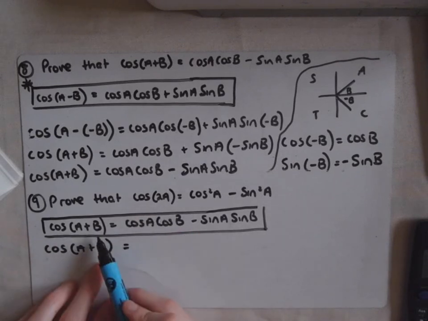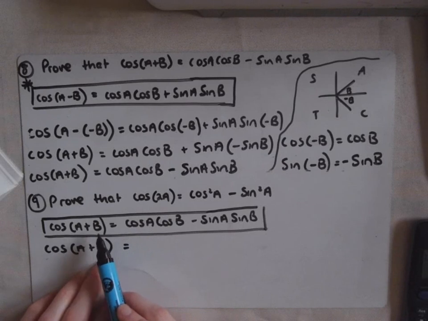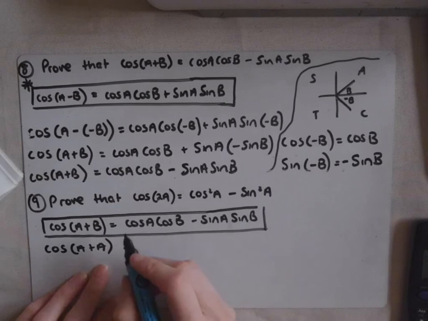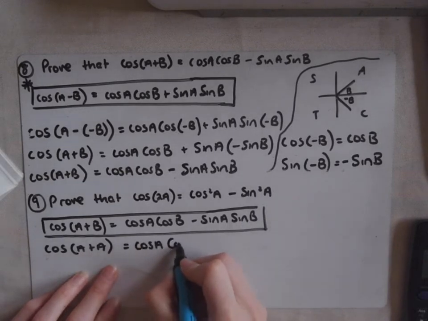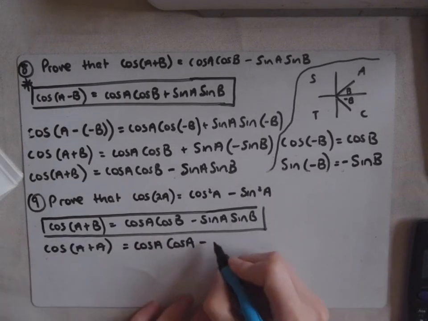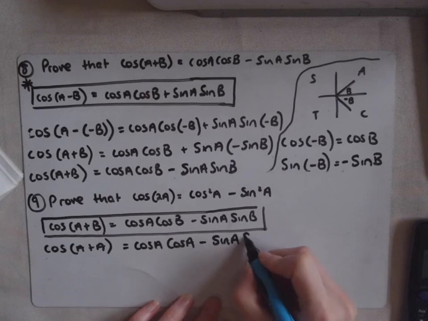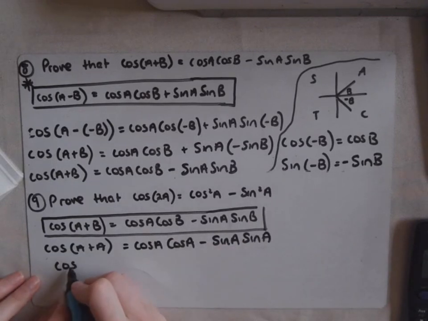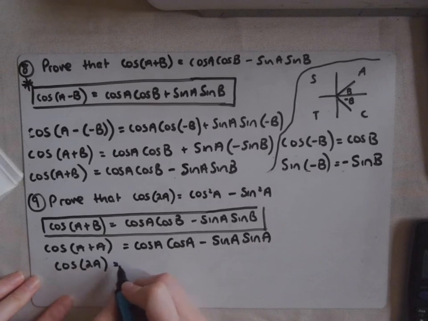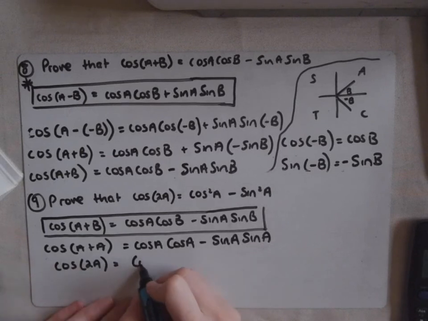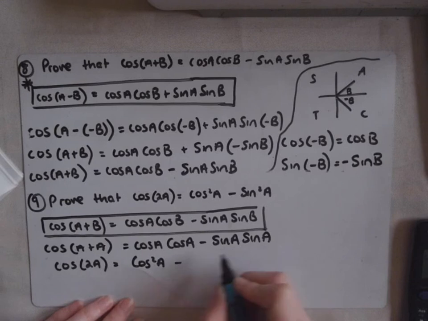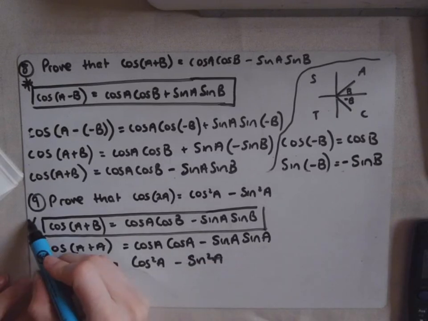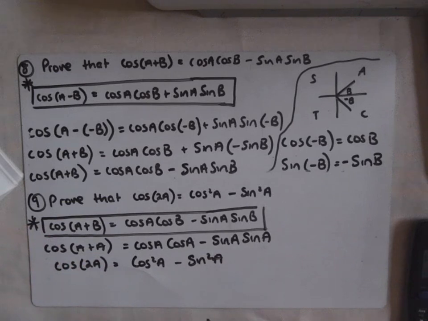So basically, instead of B, I'm replacing it with A. So anywhere I see B here, I'm replacing it with A. So I'll have cos A, cos A, sine A, sine A. Cos of A by cos of A, cos squared A, sine of A by sine of A, sine squared A. Another one, mandatory, learn it off, put a star next to it, please.